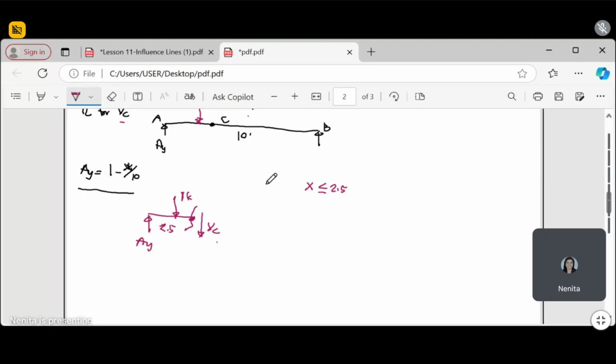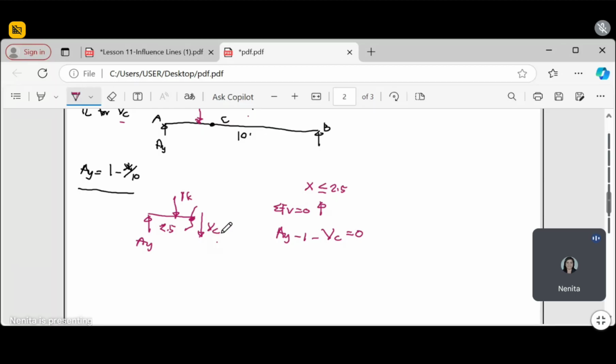Let's say summation of forces vertical is equal to 0. Equilibrium man siya. So we have AY minus 1 minus B sub C is equal to 0. Kasabot, class? Sinusunod natin yung ating agreement na once we cut a section, ang sa left side, downward ang ating shear.